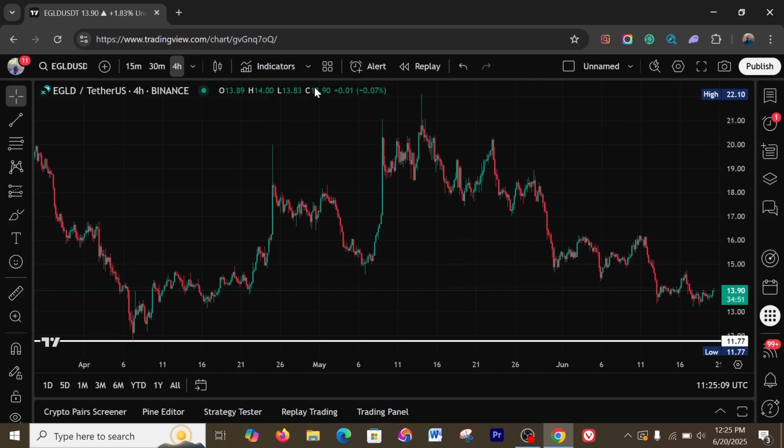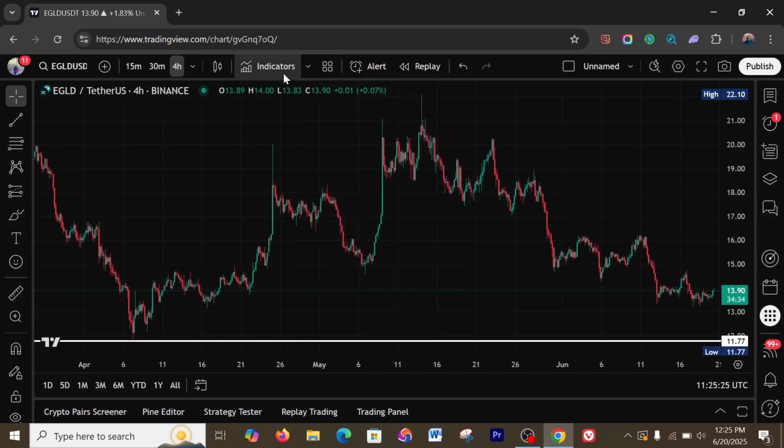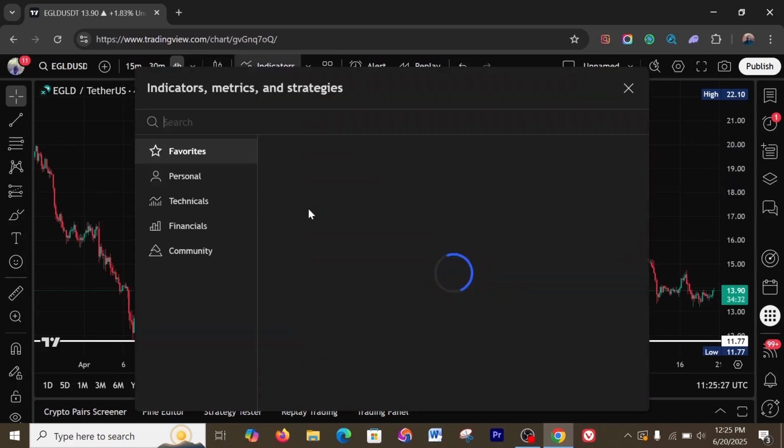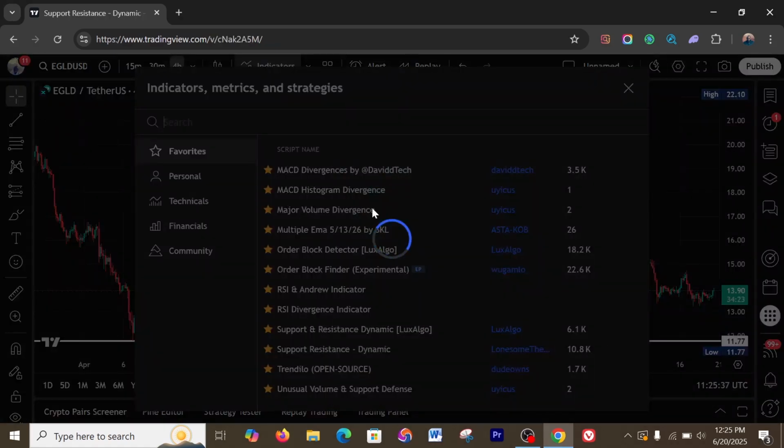So the first thing to do is you have to put in the support and resistance indicator by LuxAlgo, and this other support resistance dynamic by, let me just actually check his name so that you can follow along.